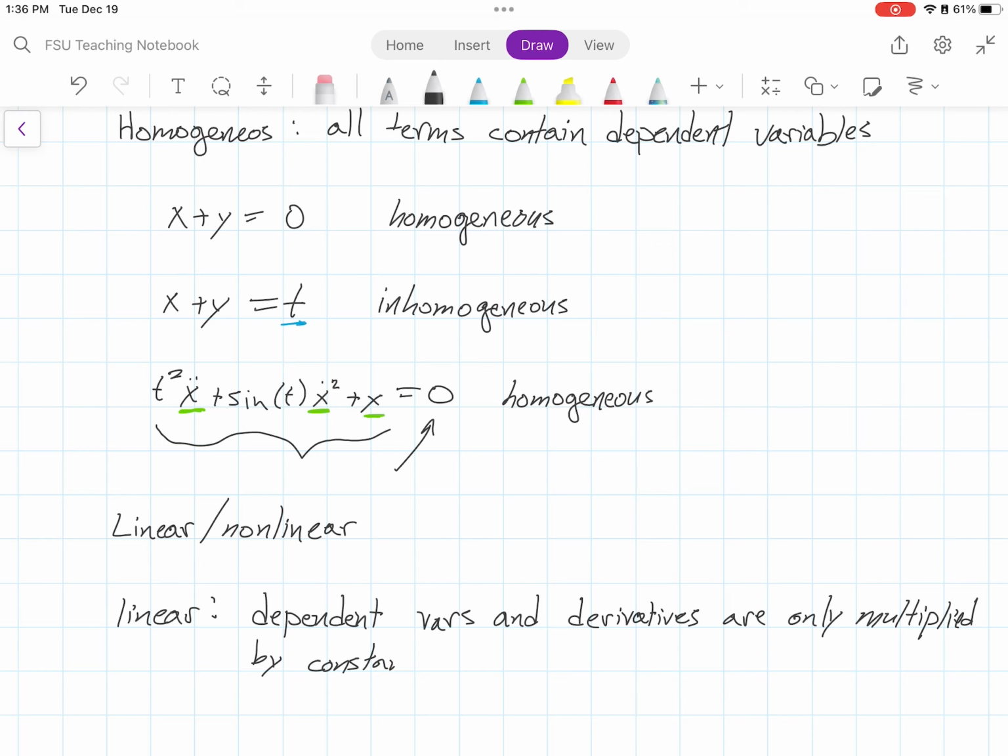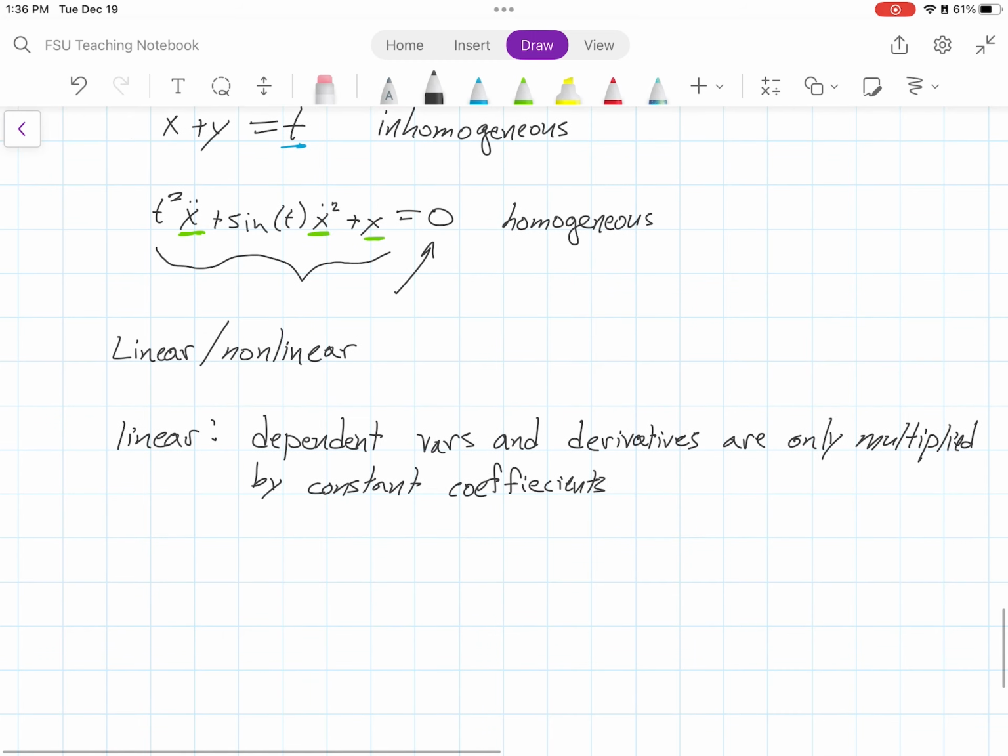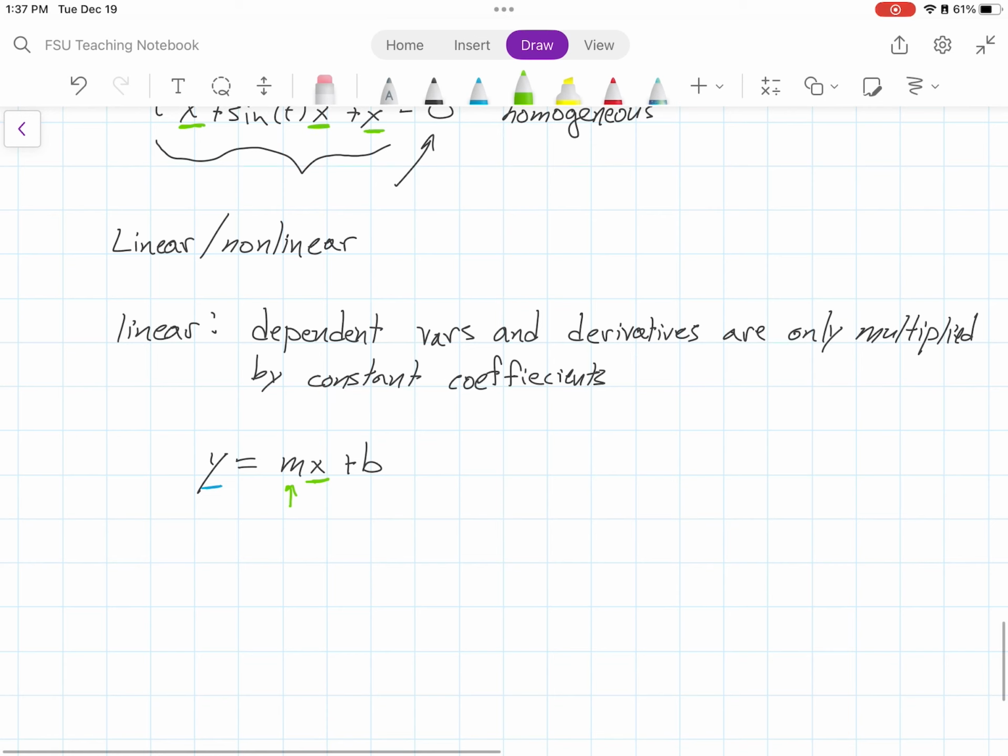So from the algebraic sense, we have the equation for a line, y equals mx plus b. In this case, our independent variable is y, our dependent variable is x, and the dependent variable x is only multiplied by the constant m. And so this equation is linear in x.